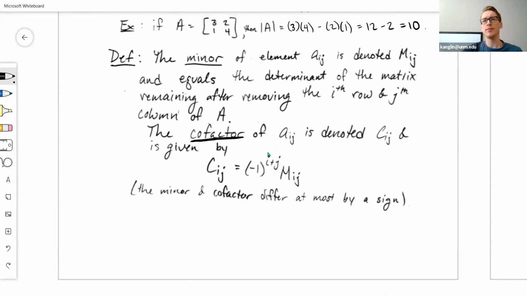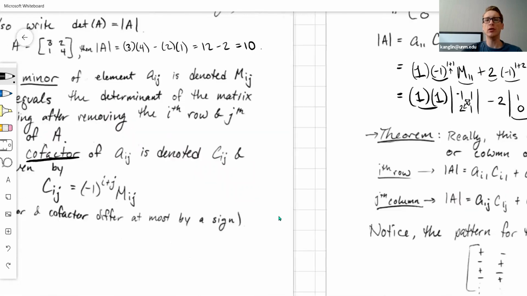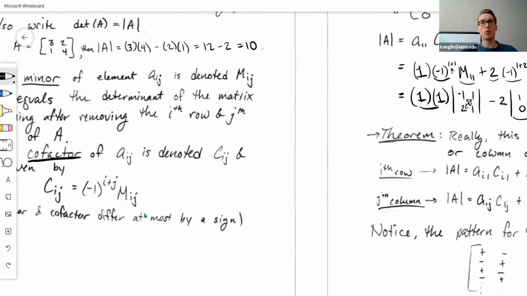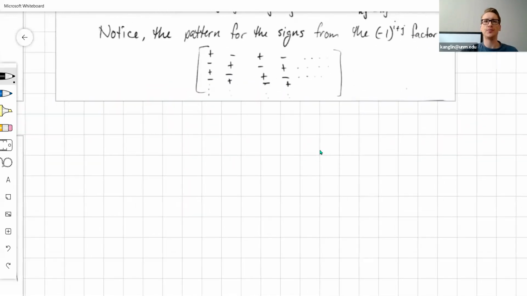The signs here follow a very certain pattern, right? Depending on the entry ij that you look at and want the cofactor for, so depending on what row and column you're at, this sign will change either from a positive to a negative, or it could be either of those. But it all depends on what i is and what j is, what row and column you're in. So I've written this down at the bottom of the next page.